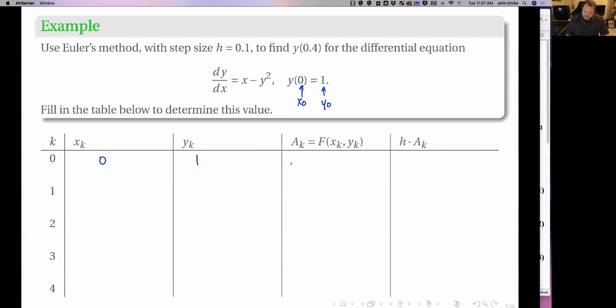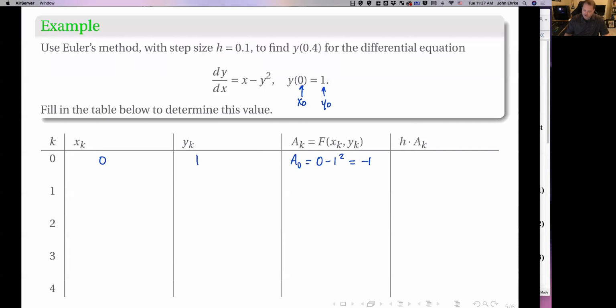Now we're going to find A0, the slope. Well, the tangent slope at that point is simply the right-hand side of the differential equation evaluated at X equal to 0 and Y equal to 1. So this would be 0 minus 1 squared, which is negative 1. Easy enough.